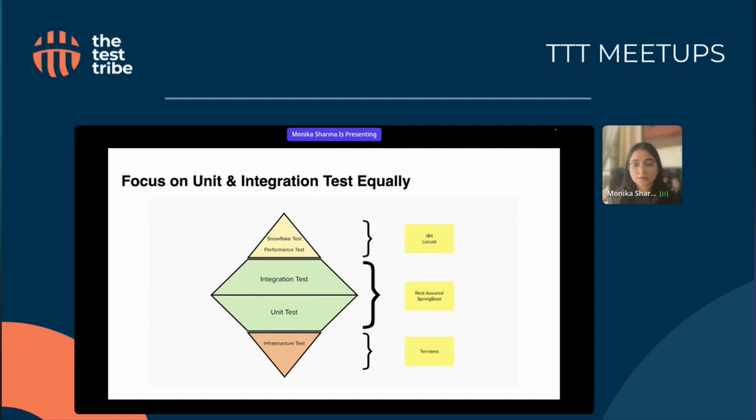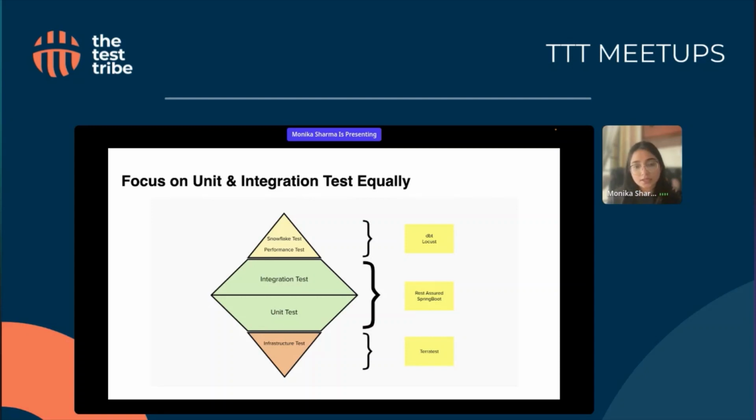For example, let's say we have a use case where I'm going to add the unit test, and in real life, there is a lot of integration going on. Integration with AWS, integration with GraphQL, integration with REST calls, and integration with Kafka also.